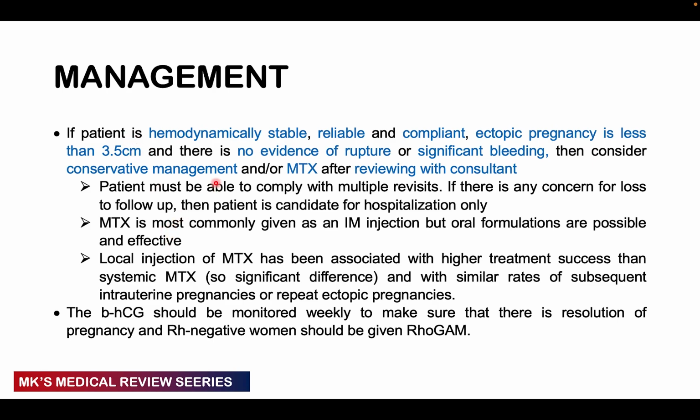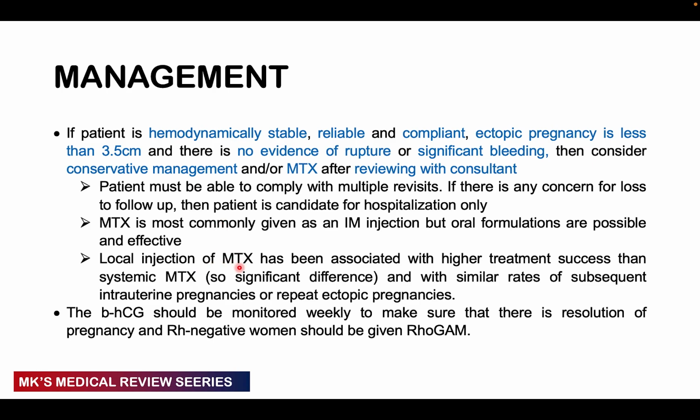So the patient must actually be able to comply with these multiple visits that we'll give them. If there are any concerns for loss to follow-up, then the patient is not a candidate for medical treatment. They must be hospitalized. Methotrexate is what we're going to commonly use, and we're going to give this as an intramuscular injection, but some oral formulations are actually available and quite effective.